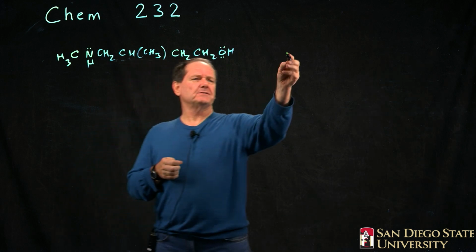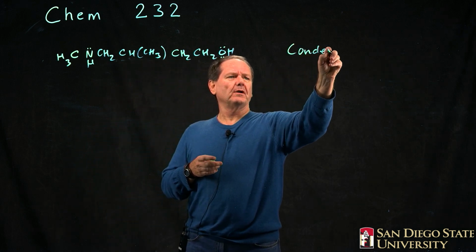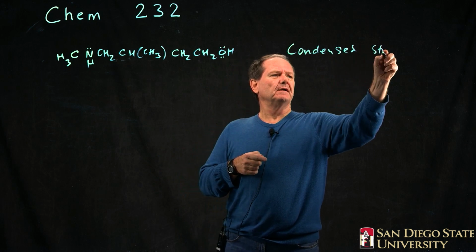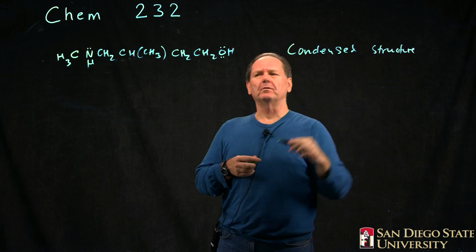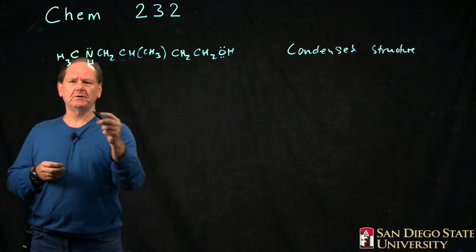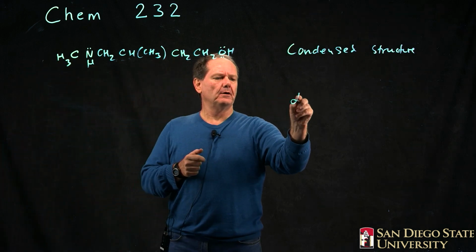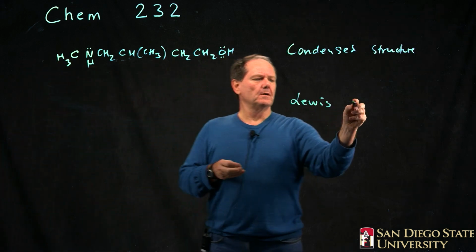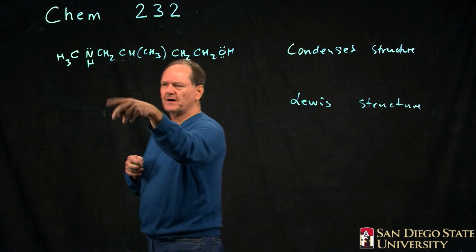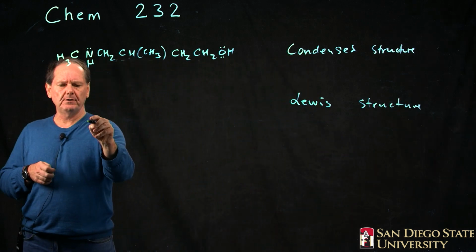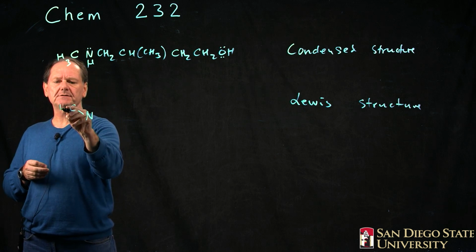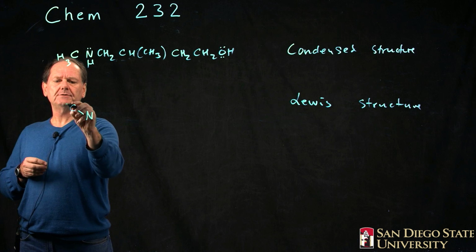So this is a condensed formula, and looking at the molecule this way is actually very hard. When you see molecules like this, one should try to translate them to something called Lewis structures. If you draw a Lewis structure for this same molecule, what you need to do is translate the CH3 group, in this case connected to your nitrogen.